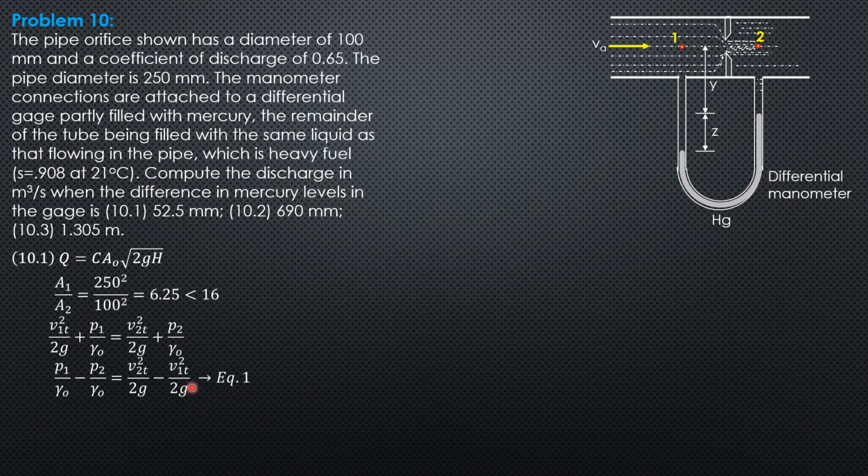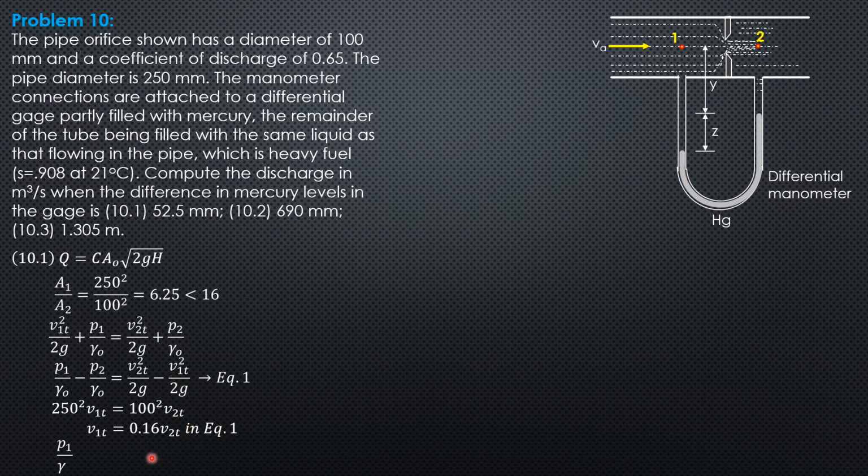Then we apply the continuity equation, Q1 equals Q2. We do not involve pi over 4 anymore, so 250 squared V1 theoretical equals 100 squared V2 theoretical. Expressing V1 theoretical in terms of V2 theoretical, it is equal to 0.16 of V2 theoretical. So substitute this in equation 1.